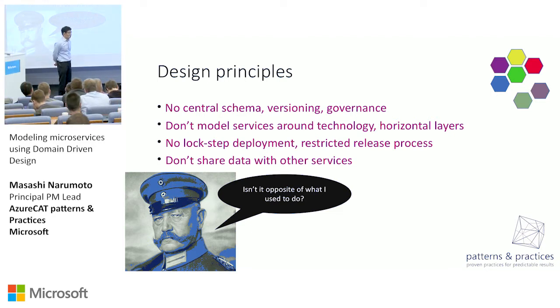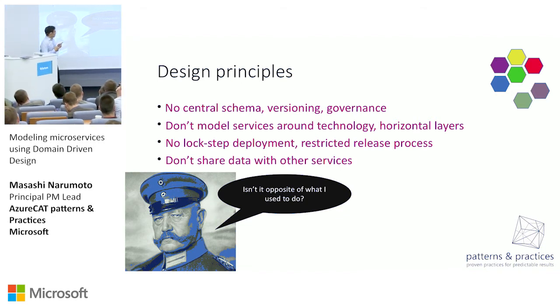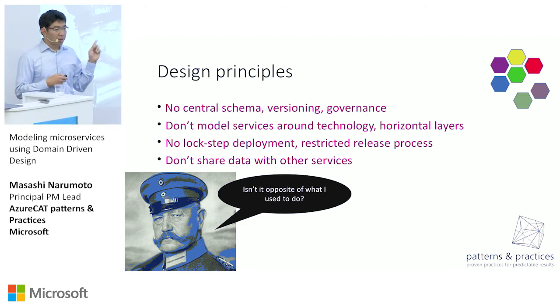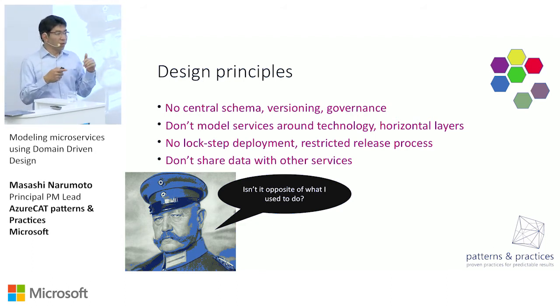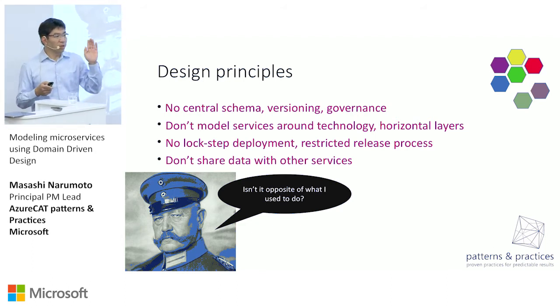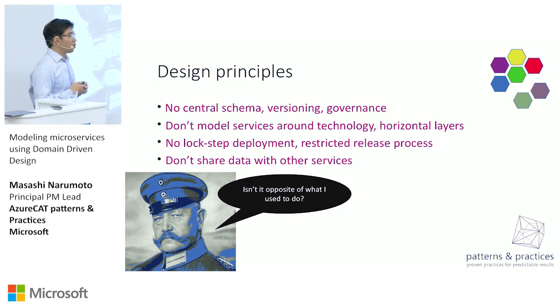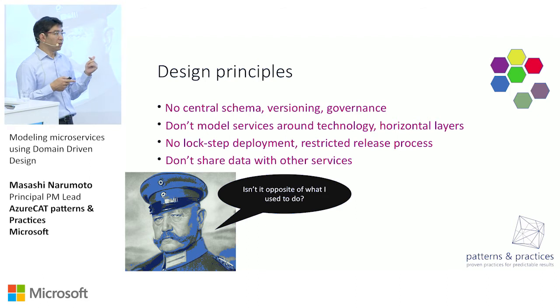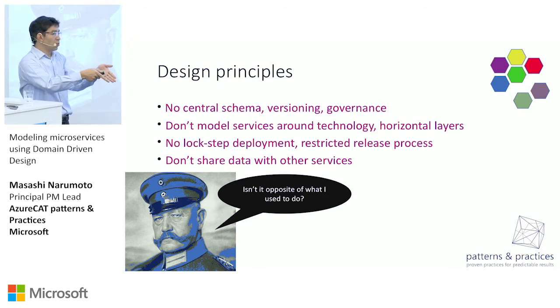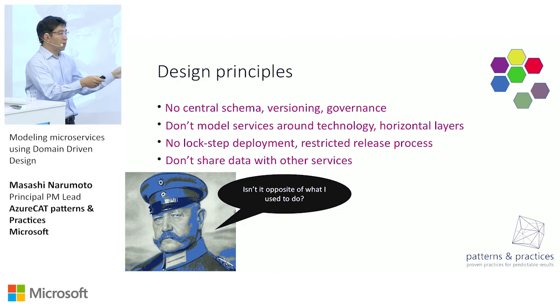Right. Great point. So even though we say don't share the data, there is a need for sharing the data. How can we achieve that? That's a question. So the short answer is you can share the data through API. So one service owns its private data. Let's say service A. Service B needs to access that data, but doesn't directly access that database.